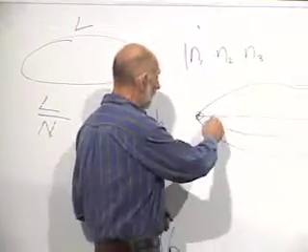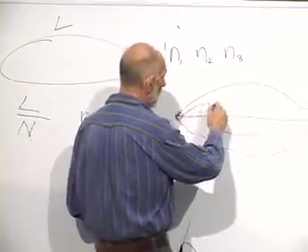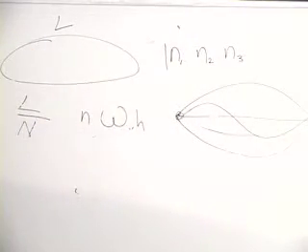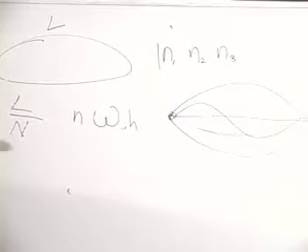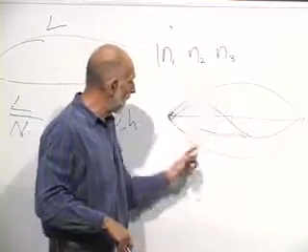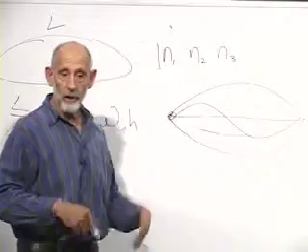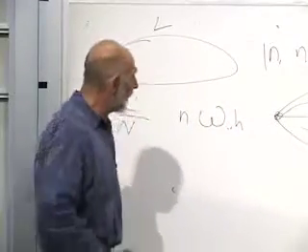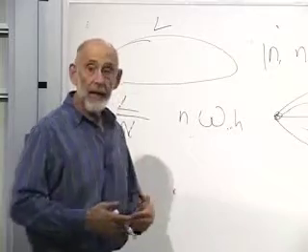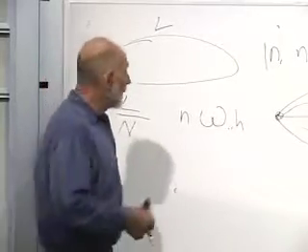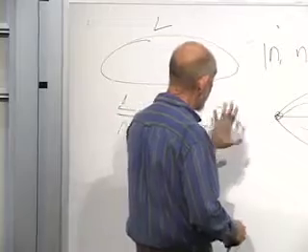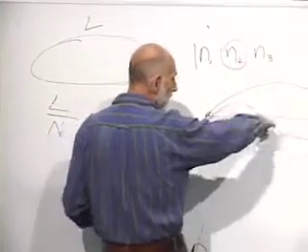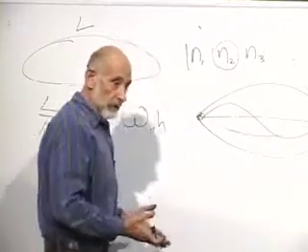Then we could add additional energy in the form of the first harmonic. If this oscillation corresponded to middle C, this oscillation would be C 1 octave above middle C or whatever. Add some energy in that. That has twice the frequency, so we would be adding a number of quanta with the second frequency.